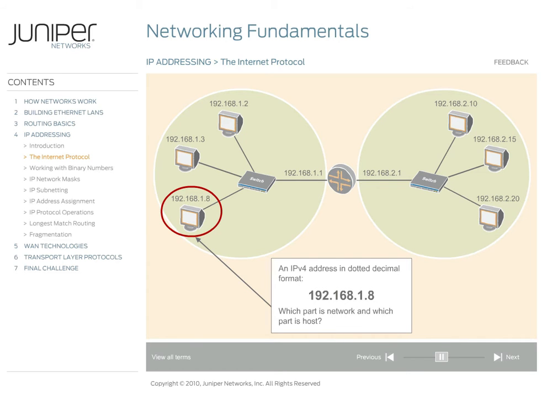Now let's replace our simplified addresses with standard IPv4 addresses. The format shown on screen is known as dotted decimal notation. Looking at these IP addresses, it isn't as easy to determine the network portion and host portion of the address.